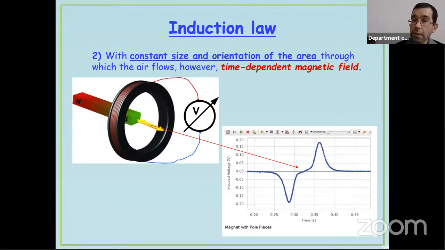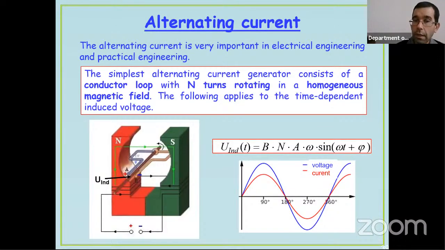The other option is that we have an area with constant size and orientation, through which there is a changing magnetic field, and this changing magnetic field causes voltage impulses. This is the so-called motional induction.